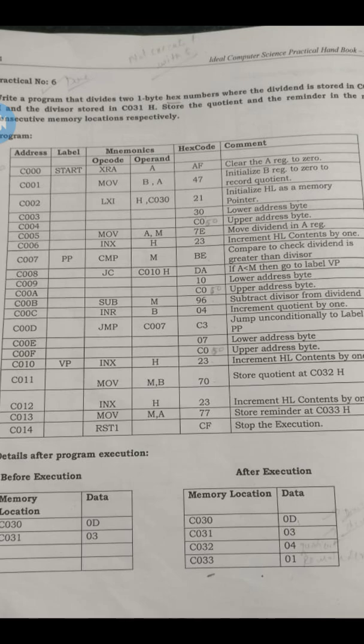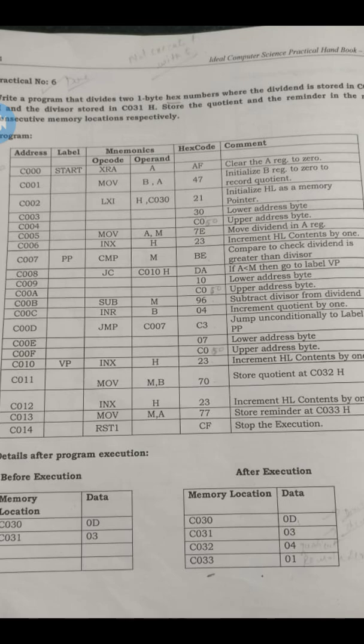So that's why, if A is less than M. After the JC instruction, the hex code of JC is DA, and now it has to jump. If it has to jump to that label VP, we have to mention the address.